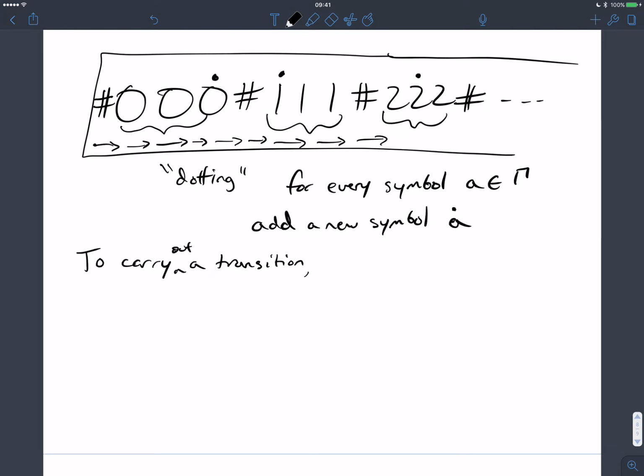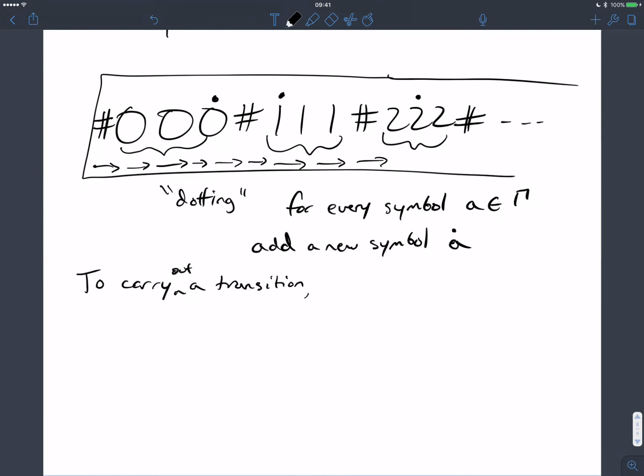The number of symbols is fixed, and the number of tapes is fixed. So I remember it in states. So I'm going to have V to the K different states. And then at that point, I know exactly what transition to do because I know exactly what cells I remembered along the way.